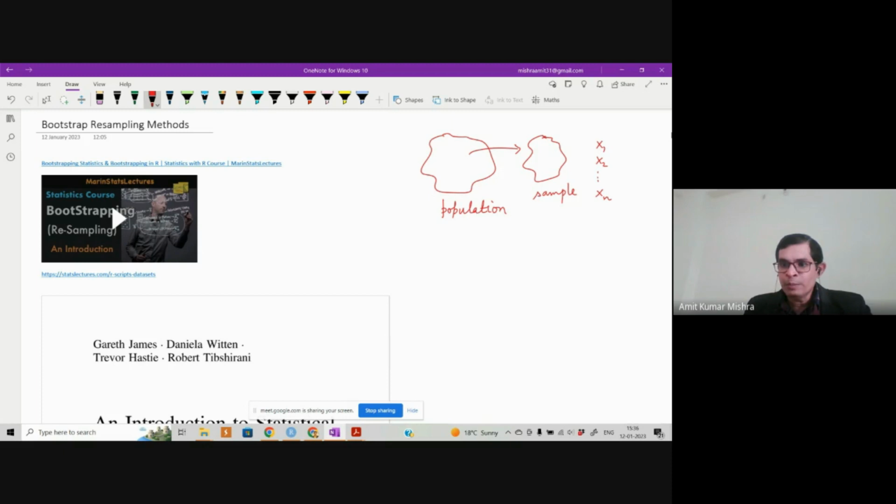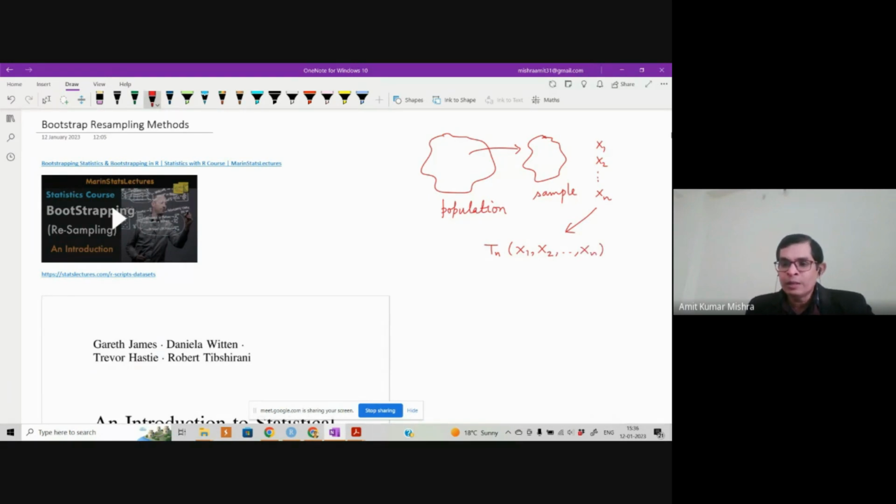Now from this sample x1, x2, up to xn, for example, x1 may be the height of some person, x2 the height of another person, and so on. From this sample we derive a statistic. A statistic means a function of x1, x2, up to xn.